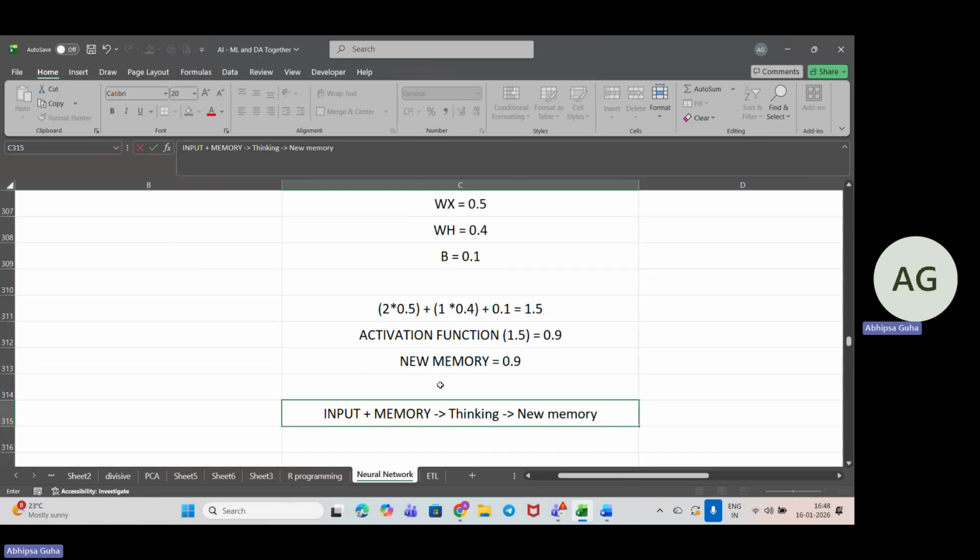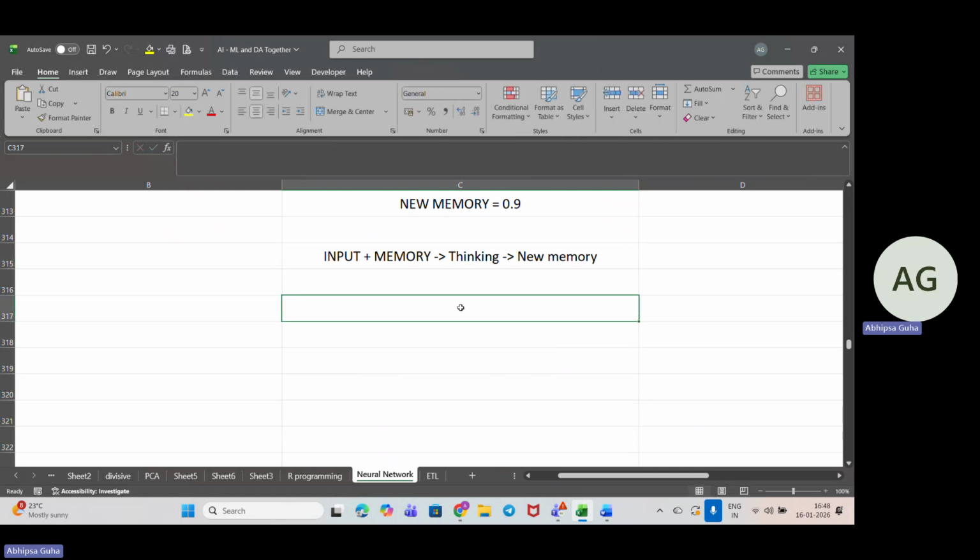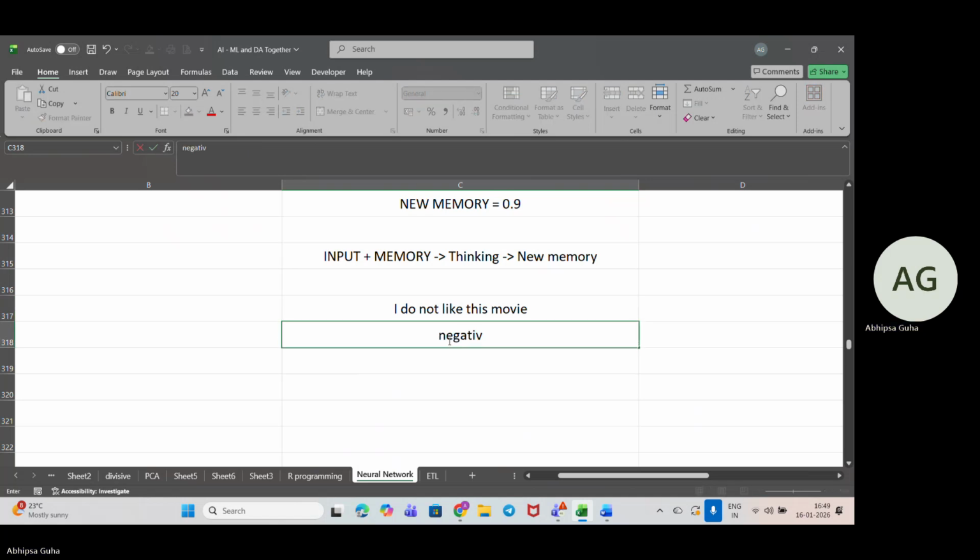Suppose I have the sentence "I do not like this movie". So what is the output? Output is negative, because I am saying I don't like the movie.